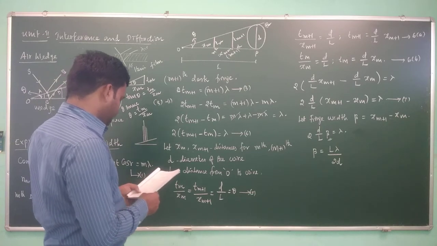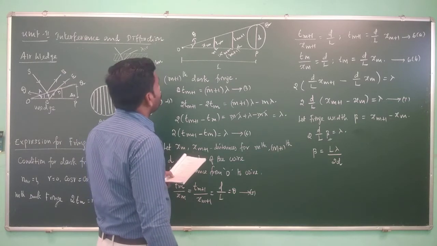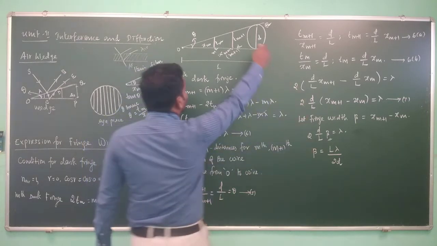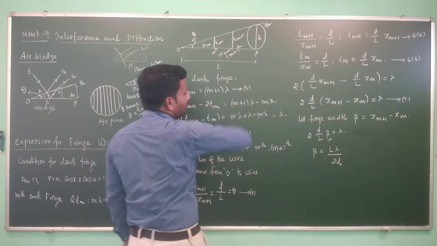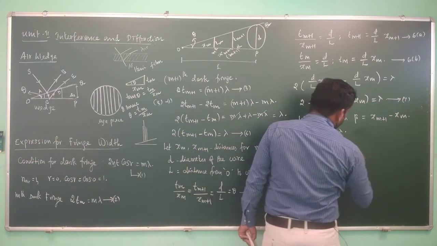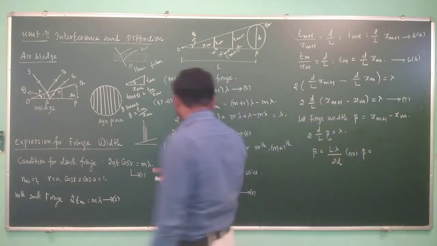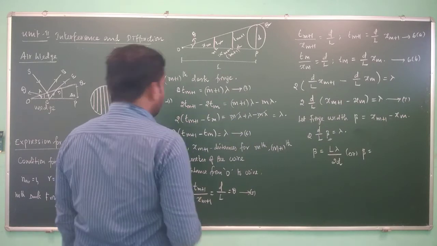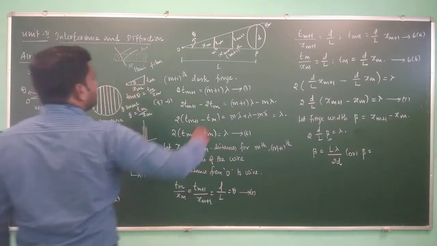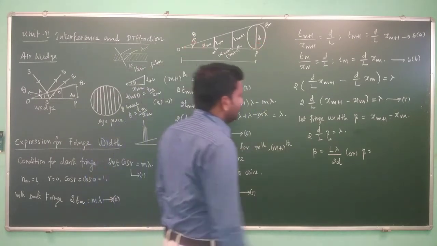Then D by L is equal to theta, so L by D is equal to 1 by theta, or you can write beta equal to, we have set D by L equal to theta, right, opposite side by adjacent side equal to theta.